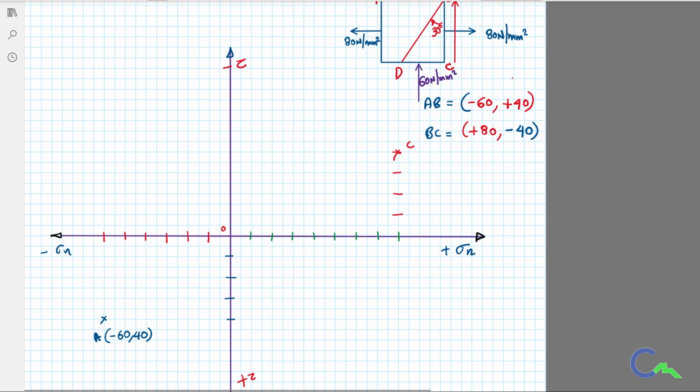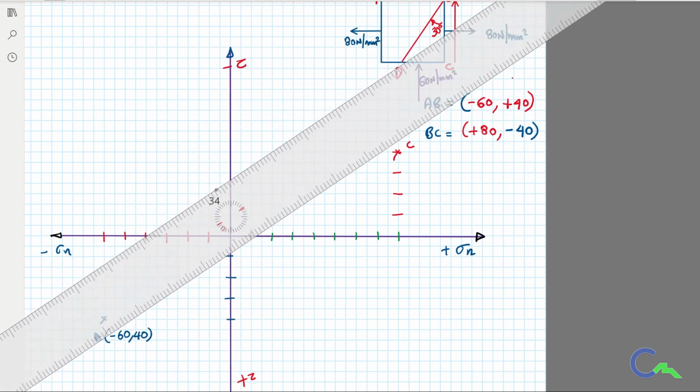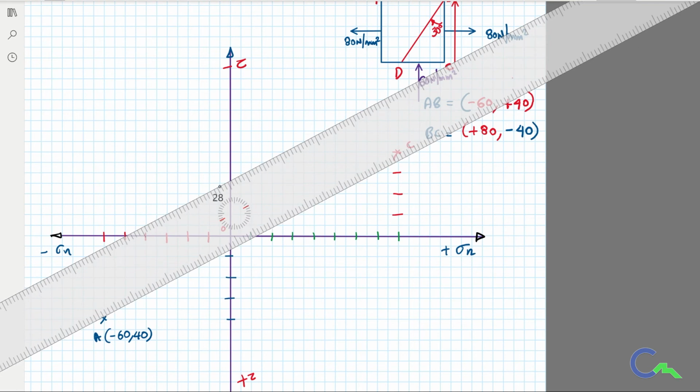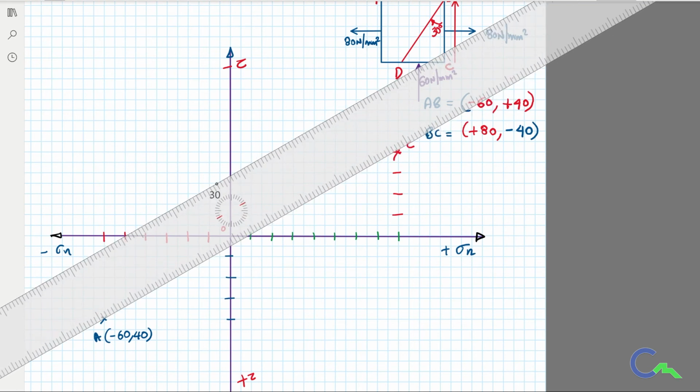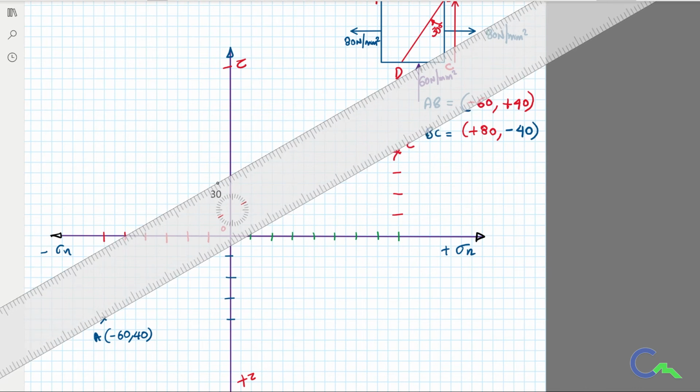Now I can join those 2 points so that I will get the center of the Mohr circle. So if I join these 2 points, you have to use the graph. Since I have the grid here, I'm going to make use of that one.